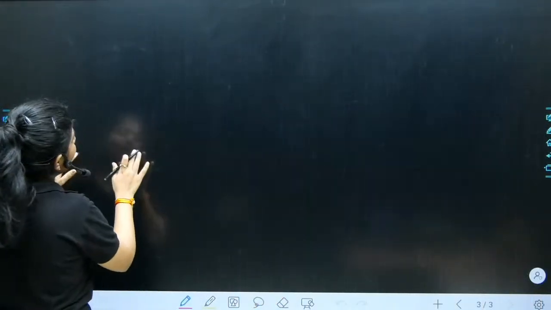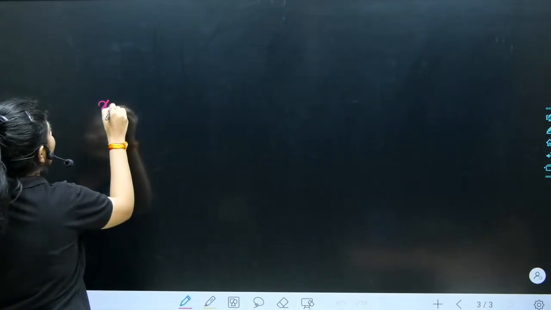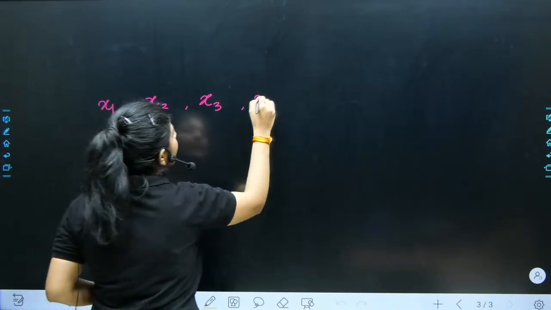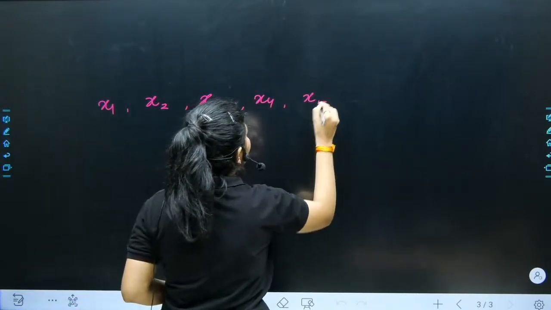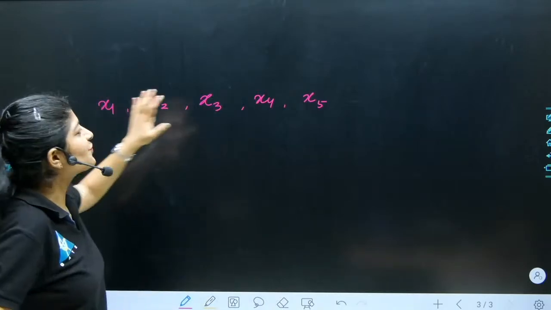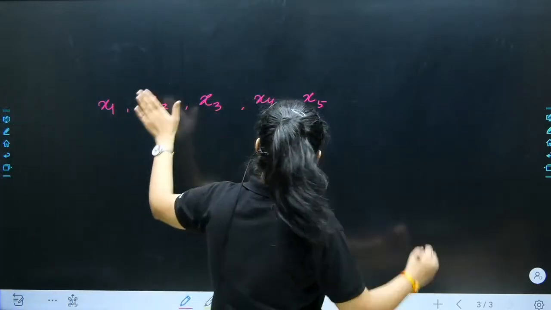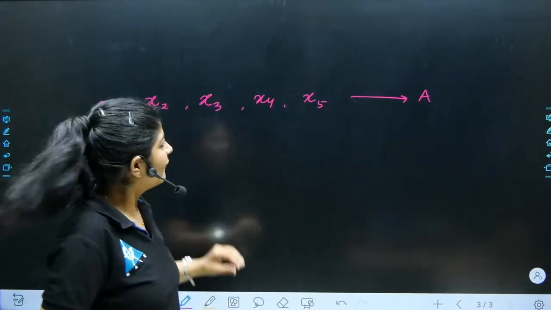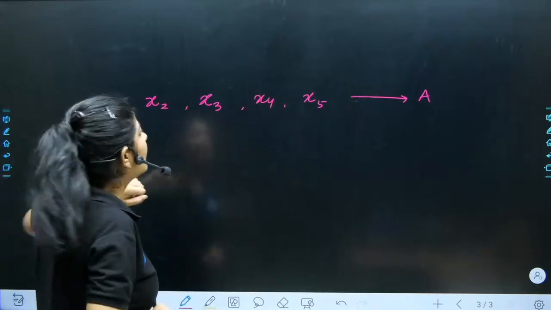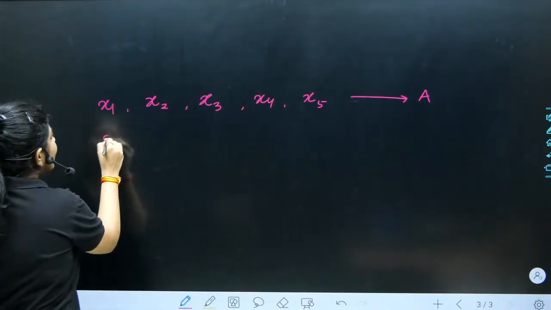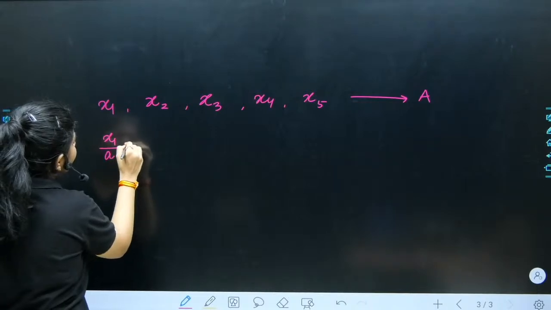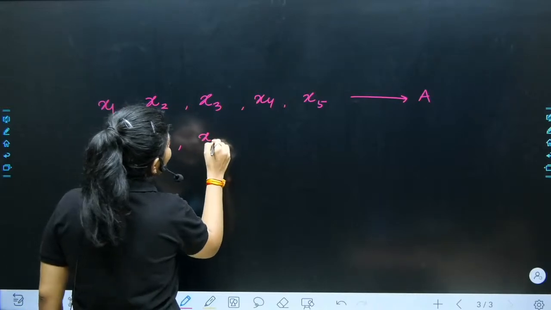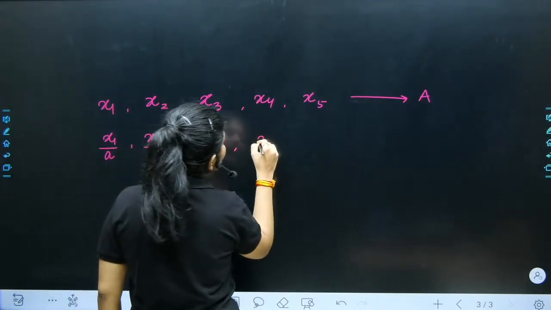Let's suppose I am having these 5 terms, x1, x2, x3, x4 and x5, and the average of these 5 terms is equal to A. Now, I divide each term by A.